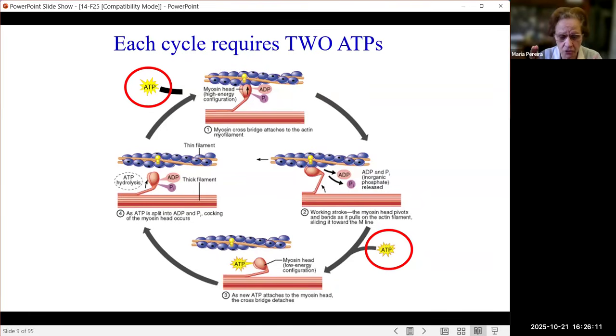So the two proteins: troponin binds calcium, tropomyosin covers the actin binding sites. So once troponin binds calcium, it causes the tropomyosin to move away from the actin binding sites.